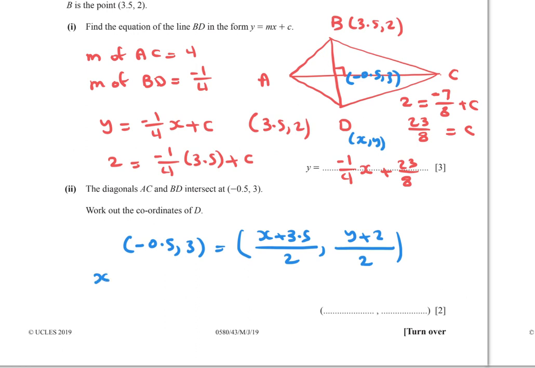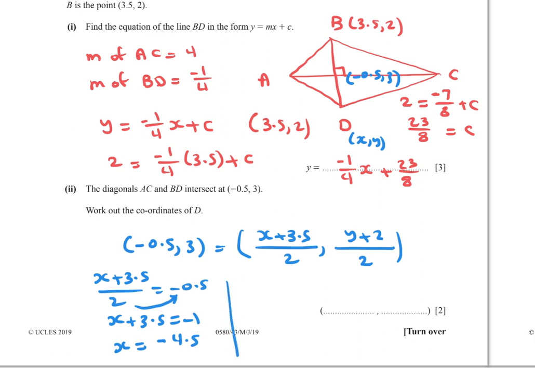So x plus 3.5 over 2 equals negative 0.5, multiplied by 2. So x plus 3.5 equals negative 1. Then transpose 3.5 to the other side. So x equals negative 4.5.